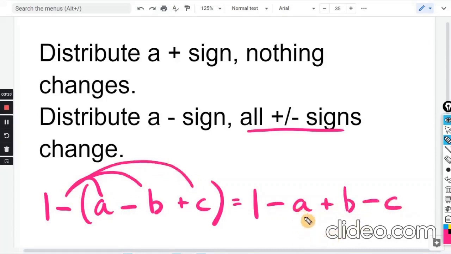So notice each sign changed. We had positive a and then negative a. We had negative b and then positive b. Positive c, negative c. This negative sign changed the sign of everything in the parentheses.